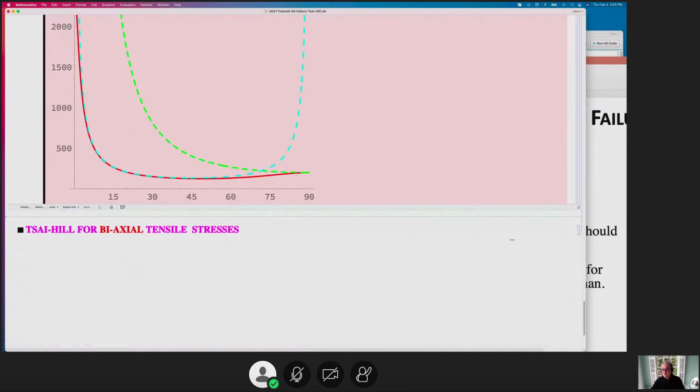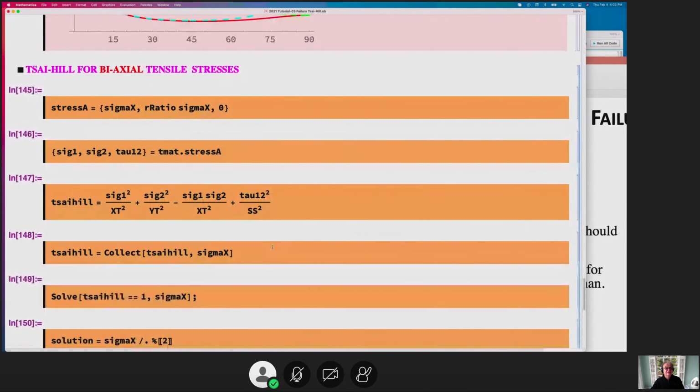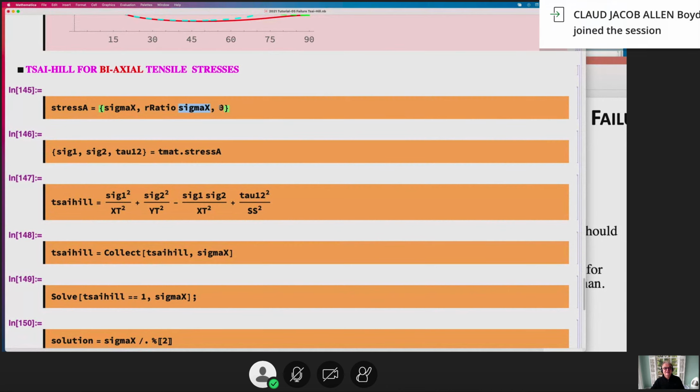Now let's go to biaxial, with the shear included or without the shear included. You can include also the shear. But now I'm making stress A to be sigma x times some ratio R, or alpha times sigma x. And shear is 0.